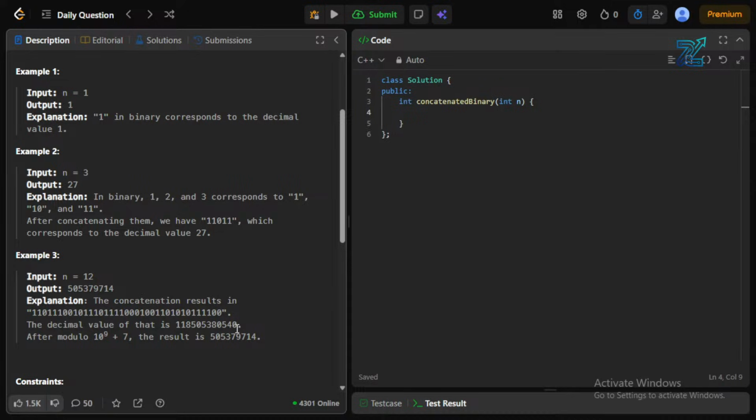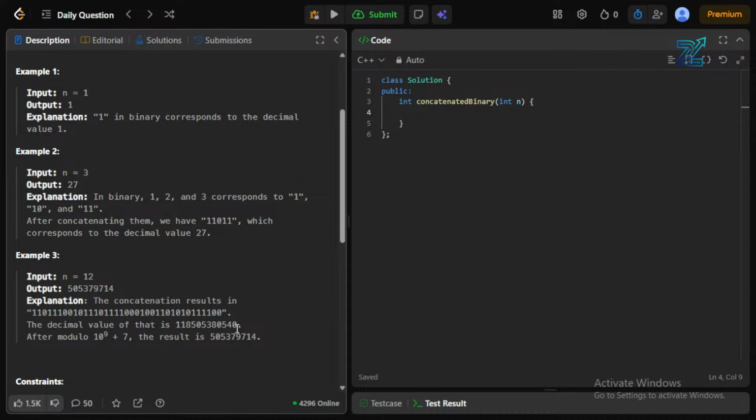So instead we build the number mathematically using bit shifting, right?